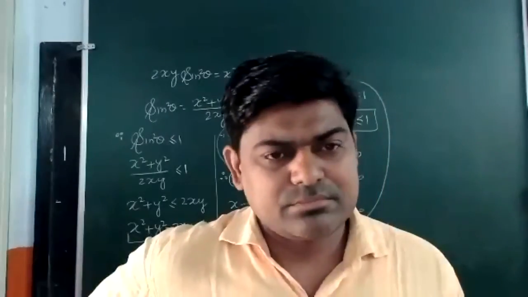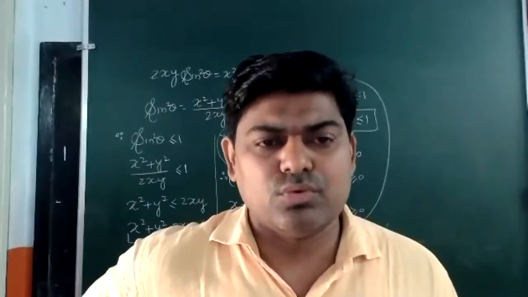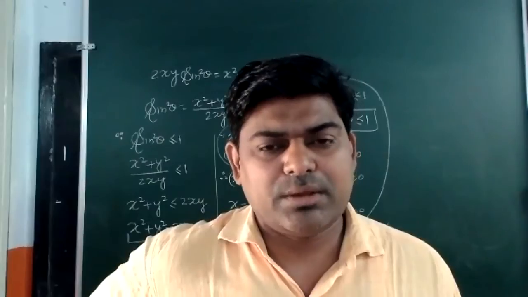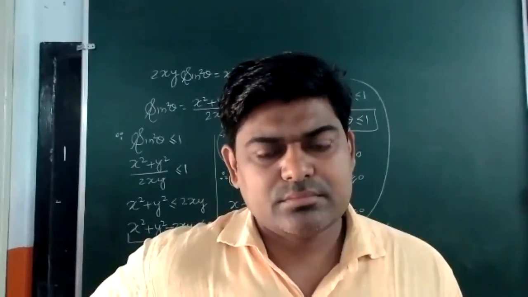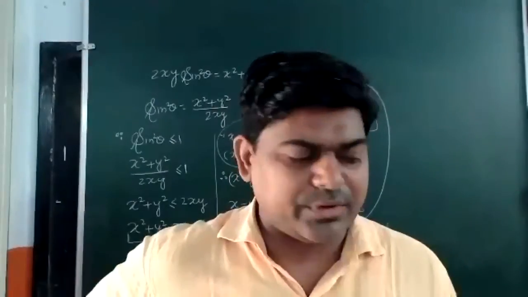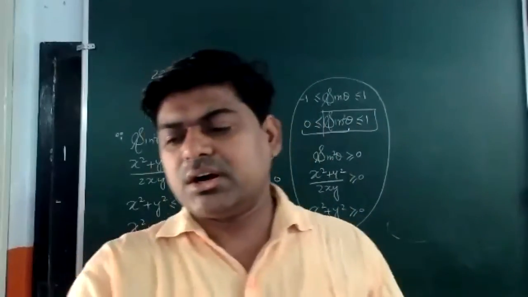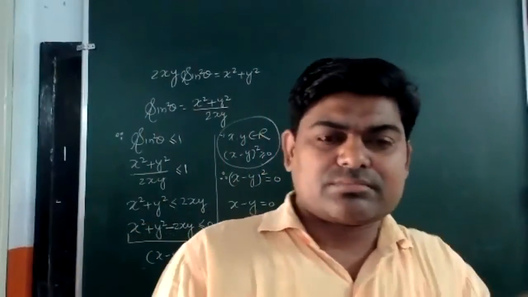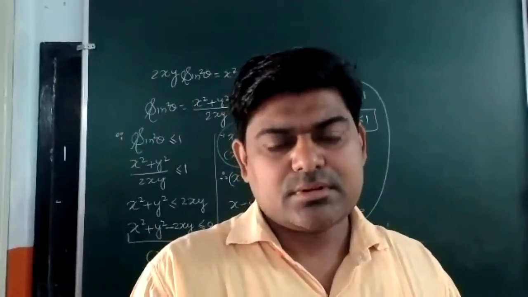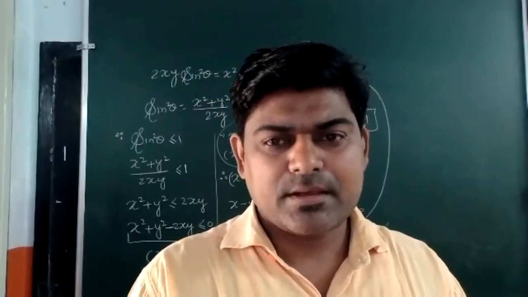At the same time, if I take some other value of x, what will happen? Because x is a real number, we know very well that we substitute and check that at both places x will be the same. Am I correct or not?